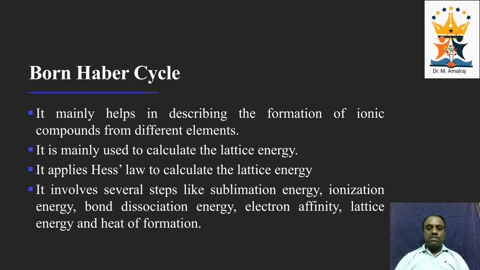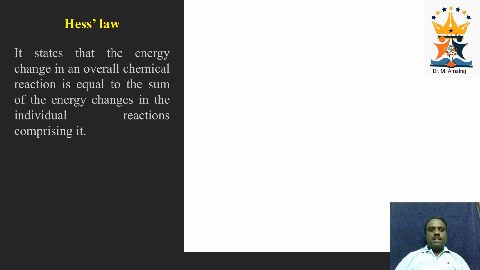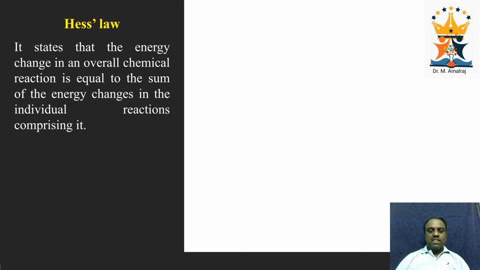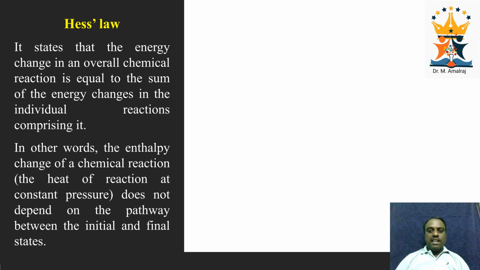Before that, let's first discuss what Hess's law is. Hess's law states that the energy change in an overall chemical reaction will be the sum of the enthalpies of the individual reactions. That means the enthalpy of the reaction does not depend on the pathway of the reaction. Let us discuss this example: A plus B gives rise to product.